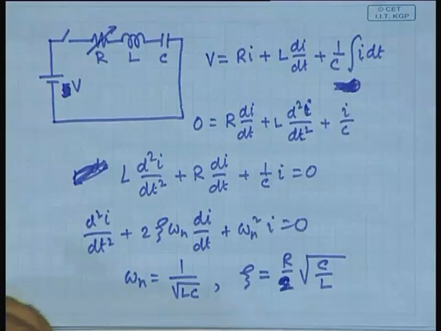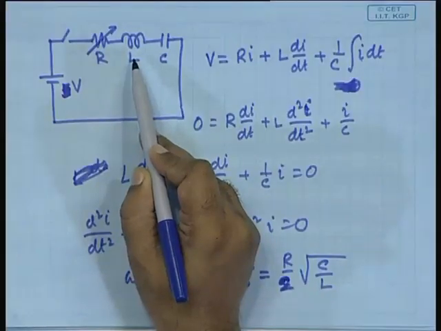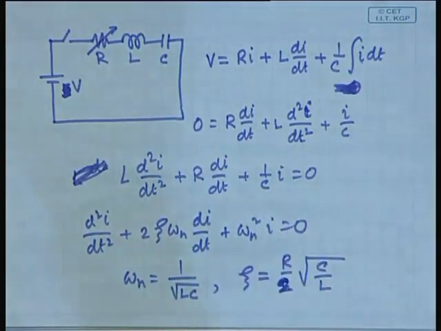What will happen to the voltage across the L? You are talking about the voltage across the L. It will start from 0?